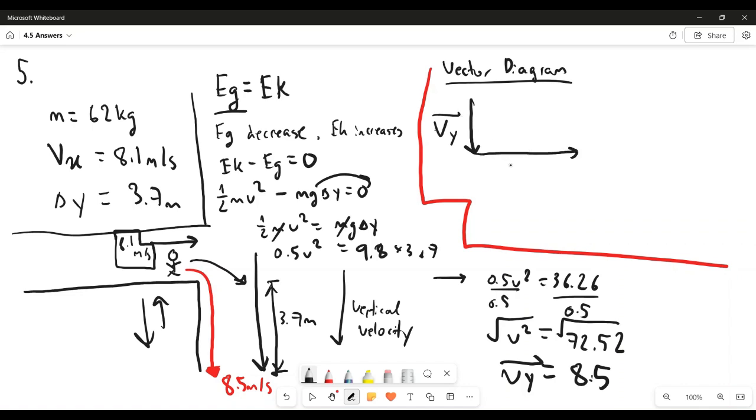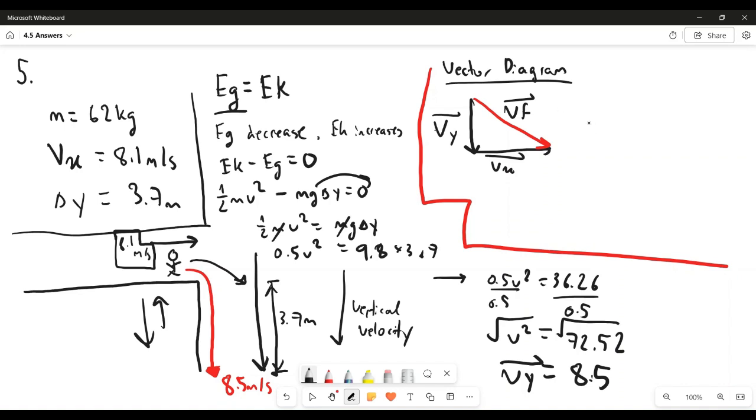We also have the horizontal velocity acting horizontally. And so what we need to do is find the resultant. And that is the hypotenuse. And we're going to call that the final velocity.